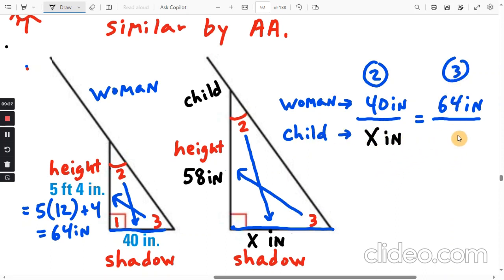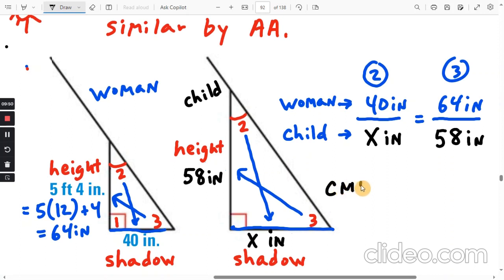The denominator is for the child, so across from angle 3 on the child triangle, we have this side length here, that's 58 inches. All right, in case you don't realize, I'm going from angle to side length, angle to side length. All right, and now we're in business.